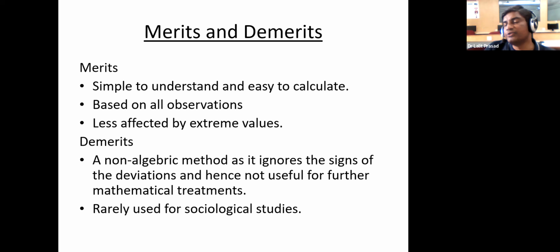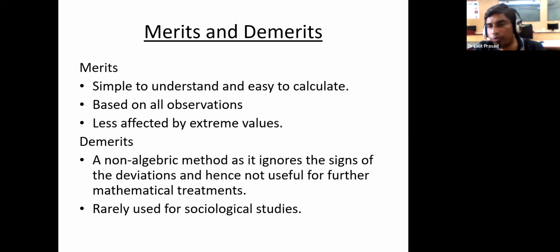Otherwise, why is it not used? Because we are forcefully converting the negative sign into positive by taking the mode, the absolute value. Automatically it is not coming positive, but the deviation is there. Suppose the average is 24 and one person has 22, then there is minus 2, and one person has 26, then plus 2.